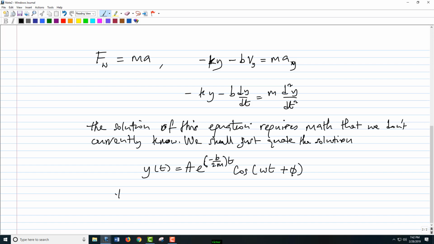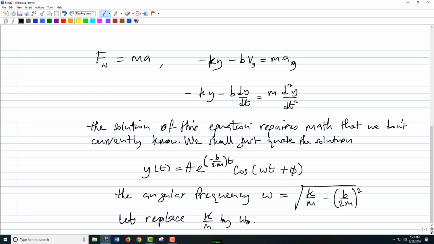The angular frequency of oscillation here is given by, let's write that down. To simplify things, we can replace k over m by omega naught squared. So omega naught is equal to the square root of k over m, and this is basically the angular frequency that we got for the previous simple pendulum as well as the physical pendulum.